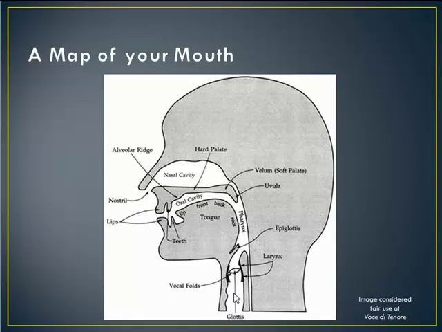Air comes up from the lungs, past the vocal cords, past the epiglottis, the pharynx, and either enters the oral cavity, passes the teeth, and comes out through the lips, or enters the nasal cavity and passes through the nostrils.